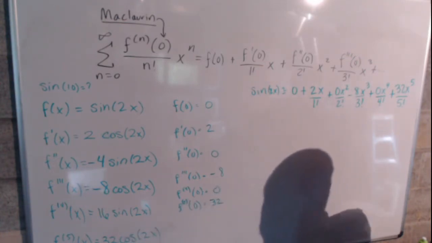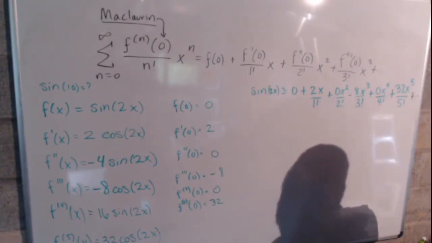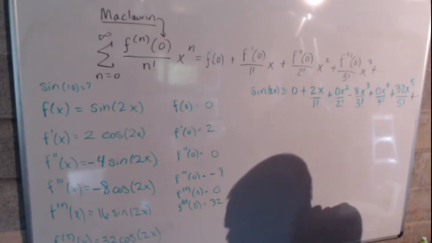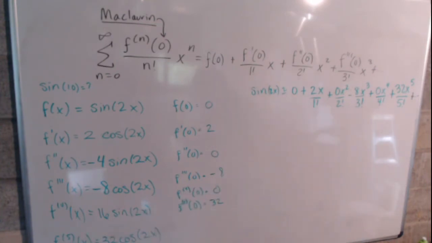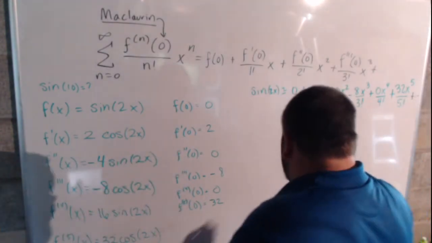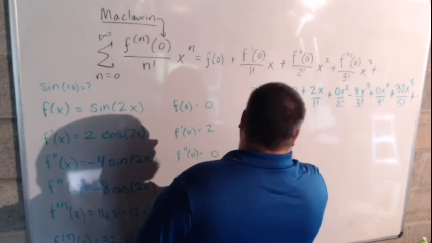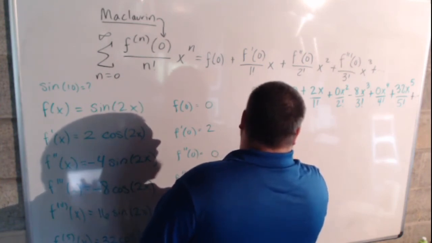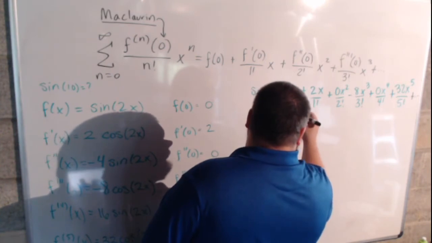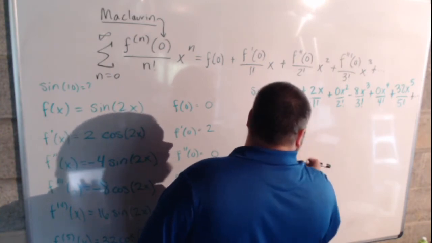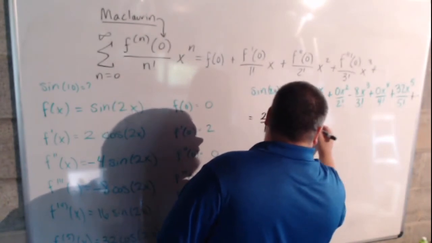So again, and this is plus... Can we come up with a pattern? So let's go ahead and just write out the ones that are still there. So that's 2x over 1 factorial minus 8x cubed over 3 factorial plus 32x to the fifth over 5 factorial.